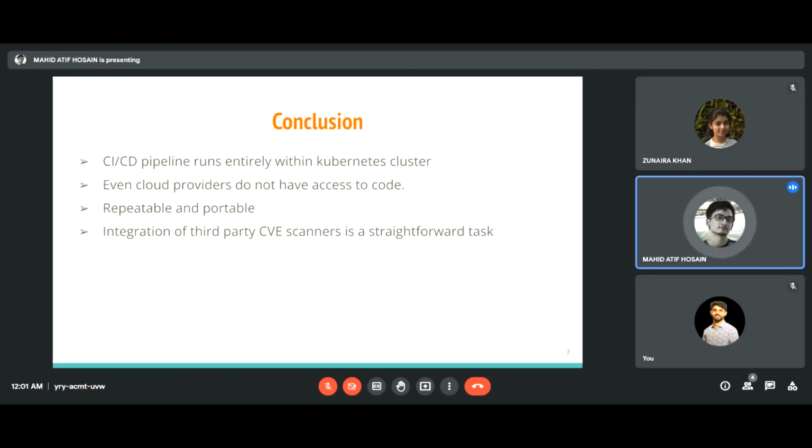And more importantly, we do not depend on any specific cloud provider. We are able to easily migrate our whole infrastructure from a cloud provider to even on-premise infrastructure. And thirdly, currently the only CVE scanner is the one offered by Harbor, which holds our build images. But currently there is work going on for integration of third-party scanners like Clair.